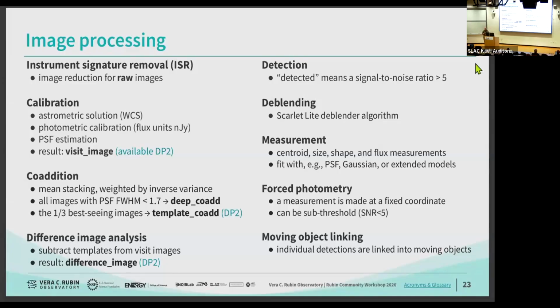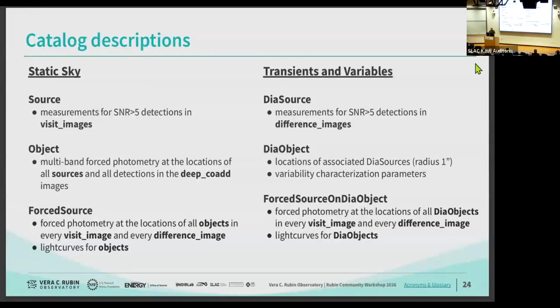And you will see on our documentation website lots of description of how all of these steps are done. And again, we don't have time to go through all of this in detail, but this will help you get familiar with the terminology that we use for different catalogs.